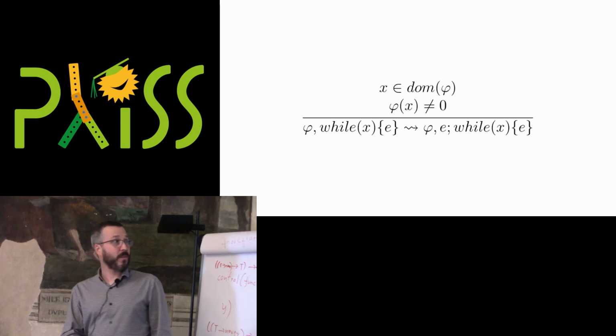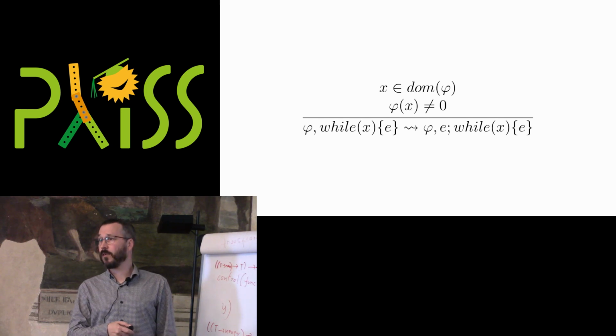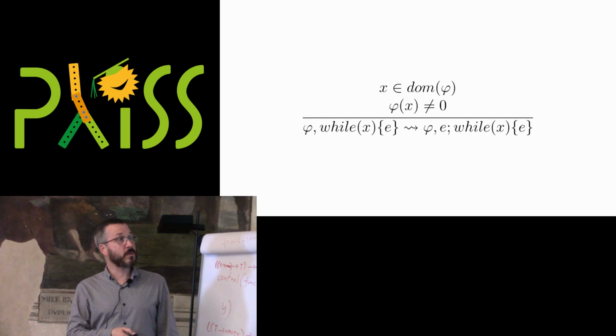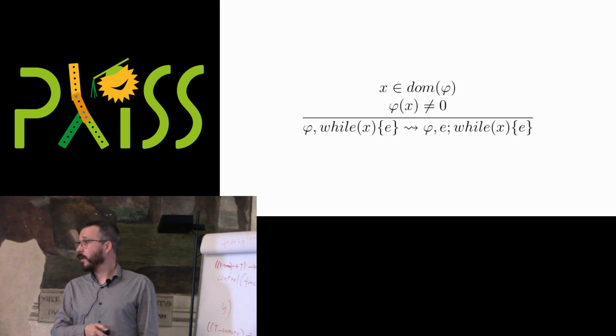Now, we're going to do that in a pretty straightforward way. This is the same thing that we had from the version of the conditional that selected the first branch, right? x has to exist, and it has to be non-zero. But when we rewrite it, we're going to use our sequence operator. So if x is non-zero, we're going to execute e, and then we're going to, in some sense, reschedule while x e.